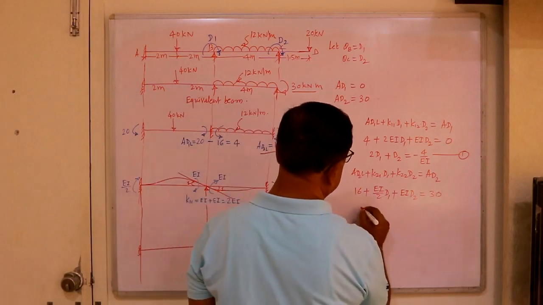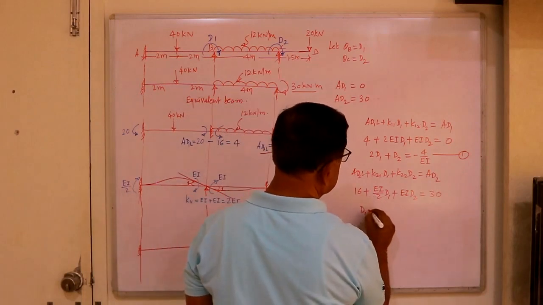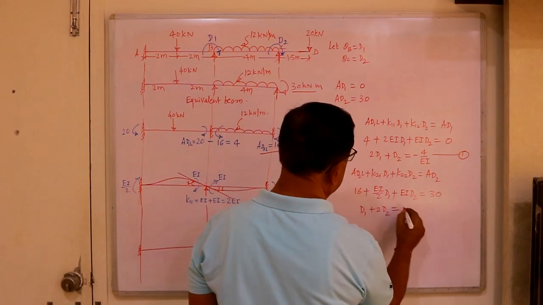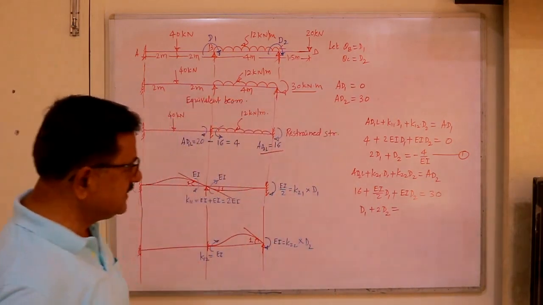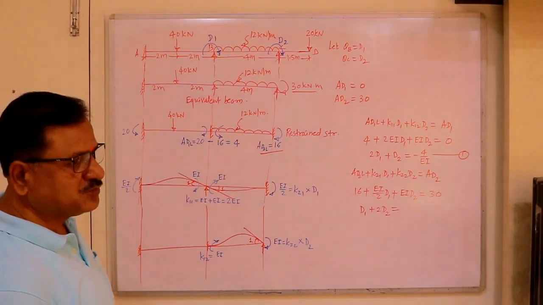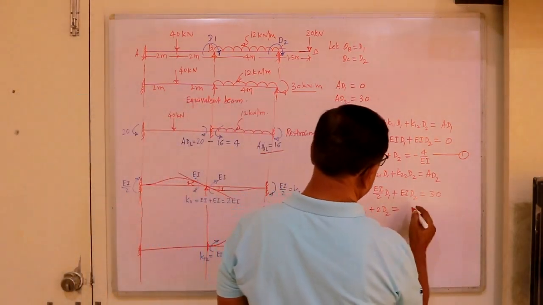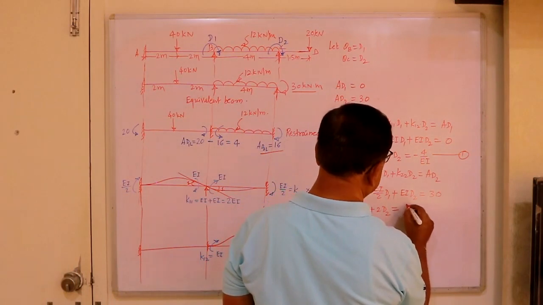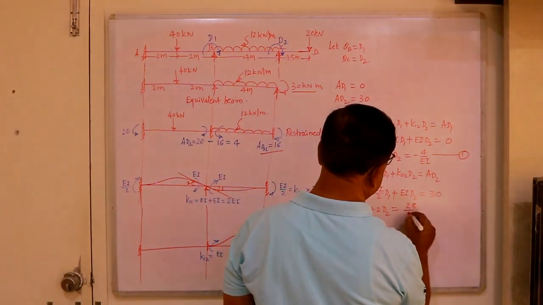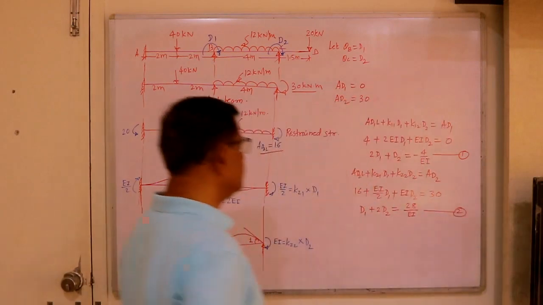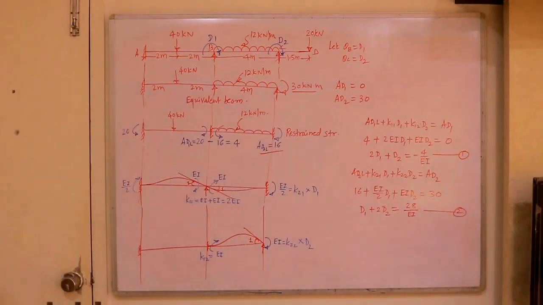So this will be D1 plus 2D2 equal to 30 minus 2 times 16, that is 14 into 2, 28. So 28 upon EI. Equation 2: D1 plus 2D2 equal to 28 divided by EI.